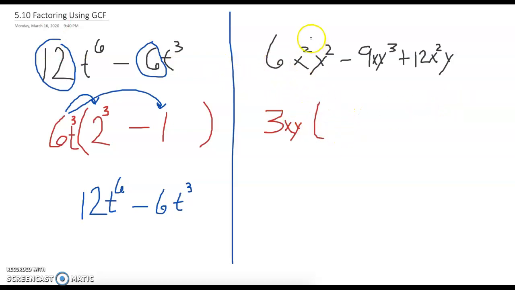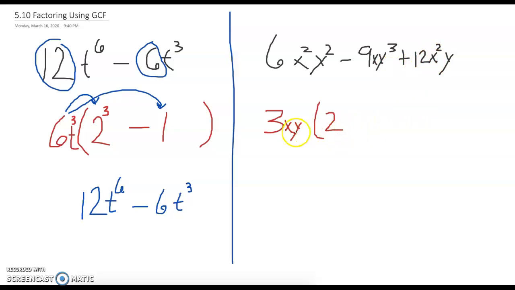When we do this first one, 3 times 6, well, you have to have 2. 3 times 2 equals 6. We have an x. Now you want to look at all three of them. There are 2 x's here, 1 x here, 2 x's here, so you at least want to have 1 x.